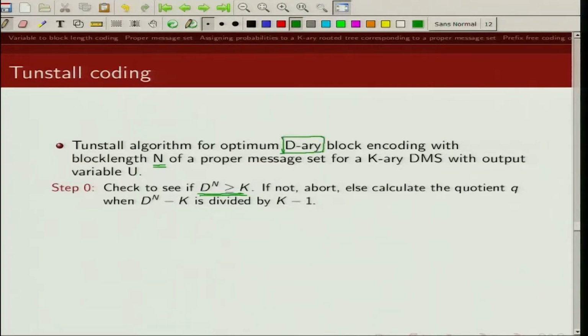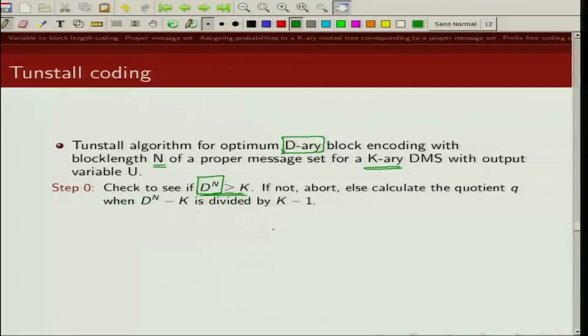So how many such code words can we have? We can have D raised to power n possible code words. Now clearly this number has to be more than the number of inputs K, otherwise we cannot map each of these inputs to a code word. So D raised to power n has to be greater than or equal to K.